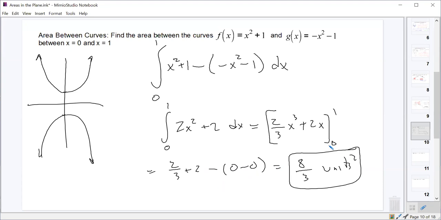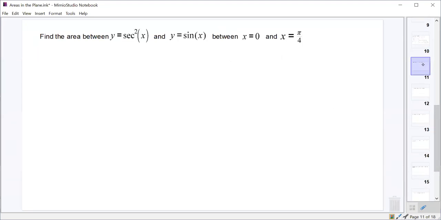Perfect. Should we do another one? Let's do another one. Let's find the area between secant squared x and y equals sine x between 0 and pi over 4. So first we'll graph them.